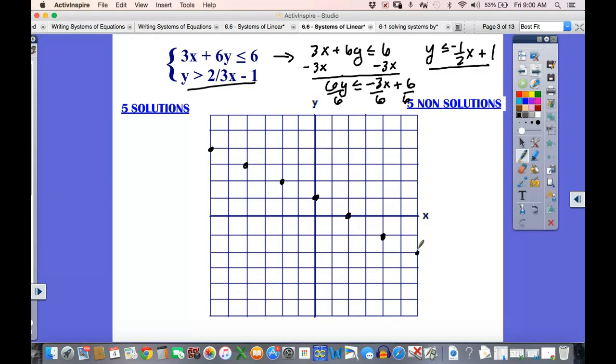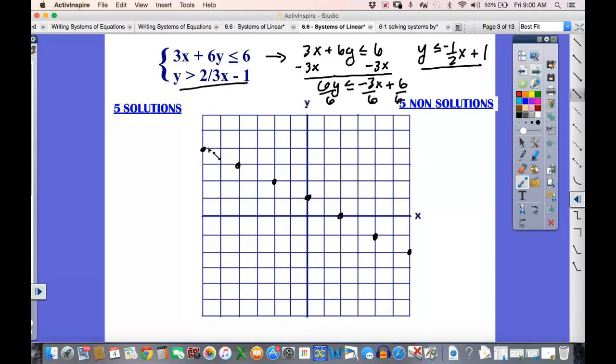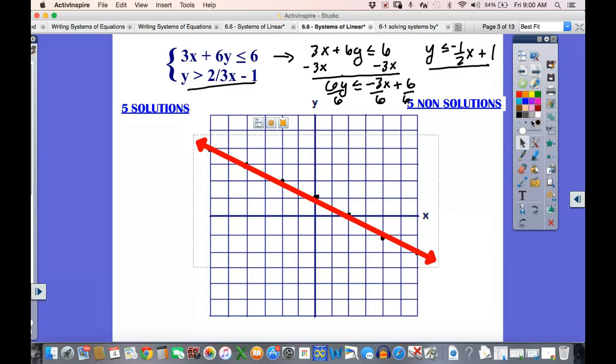I'm going to cheat because my line is going to be crappy if I don't do this. It's not really cheating. I'm just using technology. All right, so we have a solid line here. Where are we shading, everyone? Less than goes below the line. We will shade below.